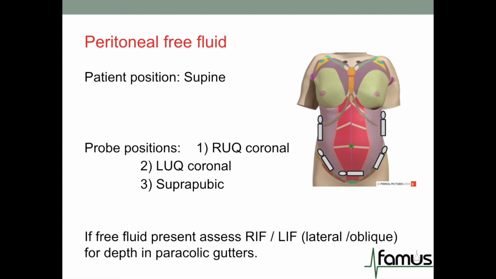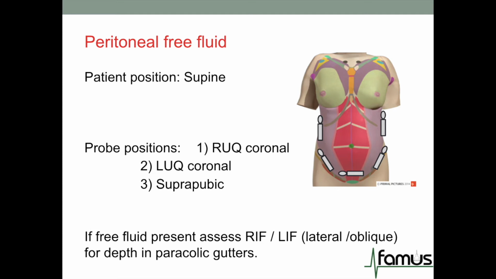And then we will go down to explore the Douglas pouch, first in the transverse position, and then also in the coronal position, right above the pubic symphysis. And if we find something, particularly if we find fluid, then we will go into the paracolic gutter to quantify the amount, because that is where the fluid will collect when the amount of ascites is considerable.